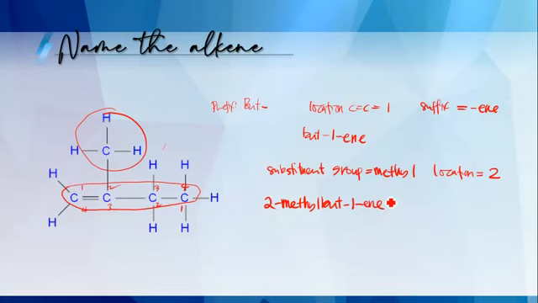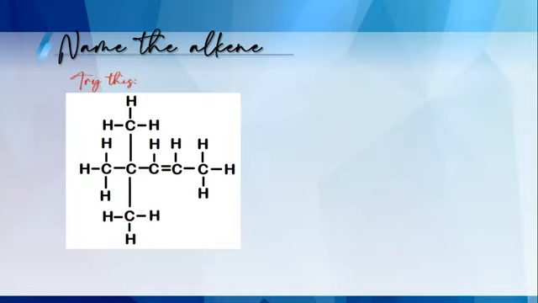You can see over here it is different from the first one. The first one is 3-methyl and this one is 2-methyl, just a difference in the location of the substituent group. If you follow these steps, I believe it's going to be easier later on. You might not need to follow the steps anymore once you really know how to do it. Can you try this one?